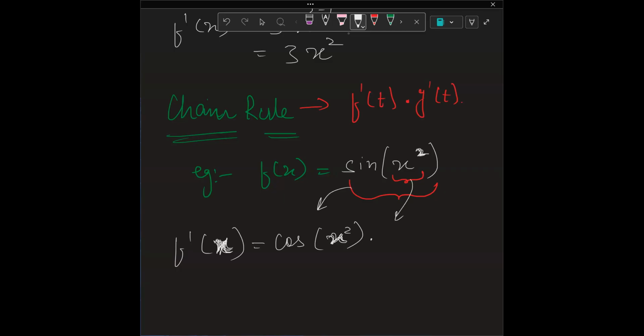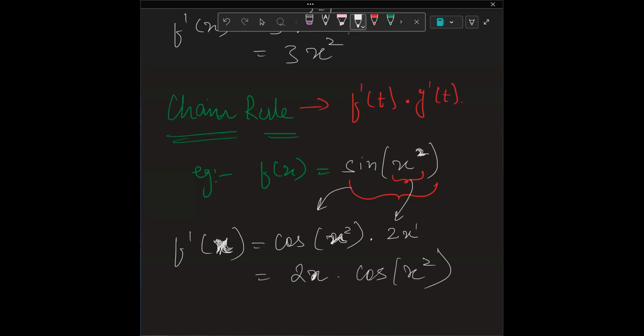Using the chain rule, you have to differentiate the x square as well. The derivative of x square is 2x. So this is going to be 2x into cos x square. Understood? Is it okay? Yes, sir.